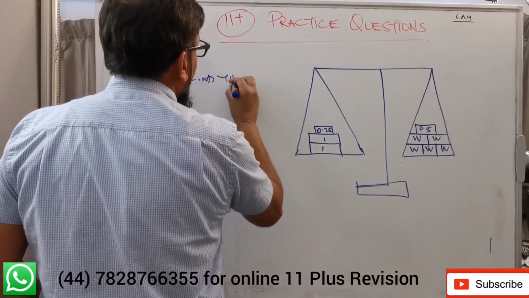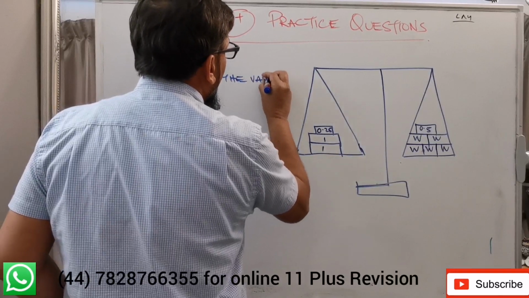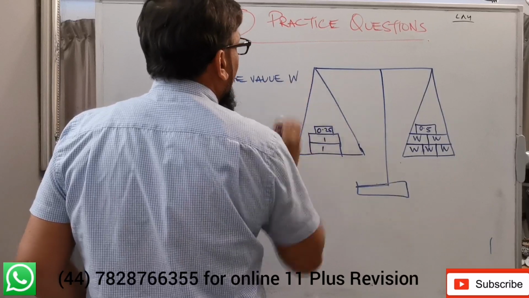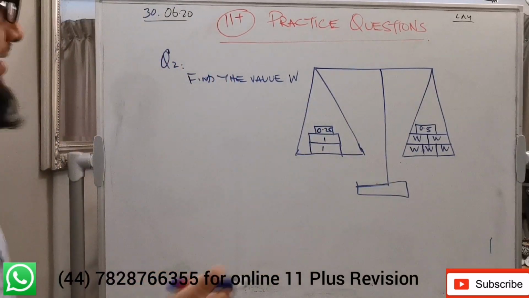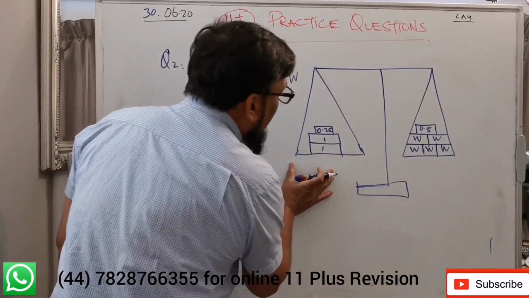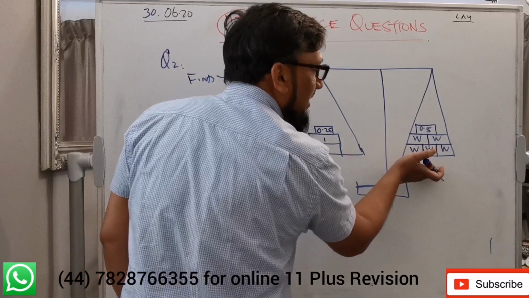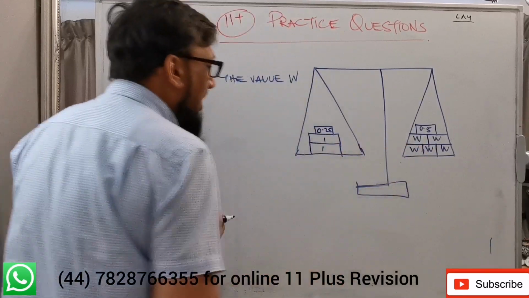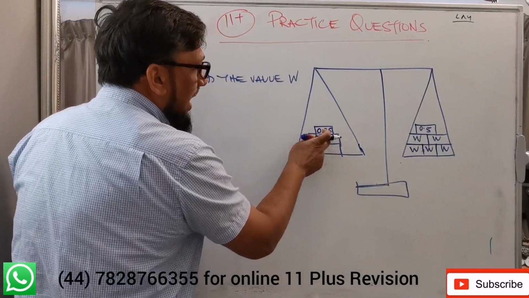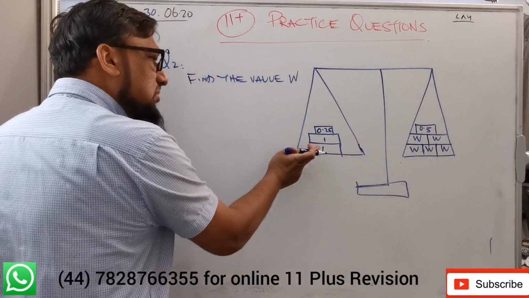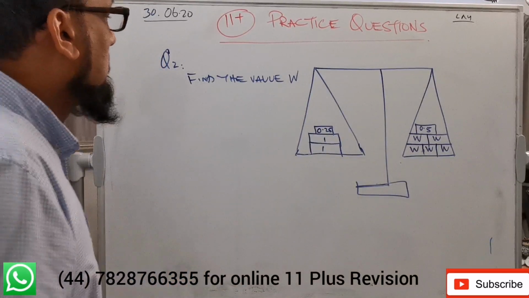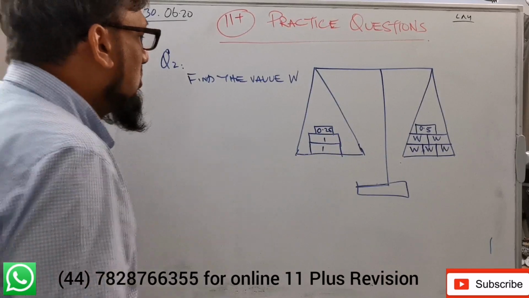Find the value of X, which means W. Find the value of W. So very simple, we need to make an equation, okay? This means this weight is equal to this, so we can apply an equation. This is 1, this is 1, and this is 0.25. So 1 plus 1 is 2, and 2 added to 0.25 is 2.25.